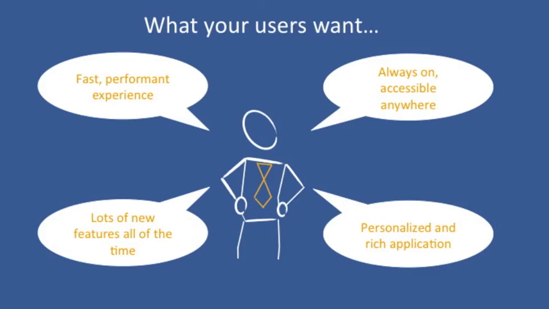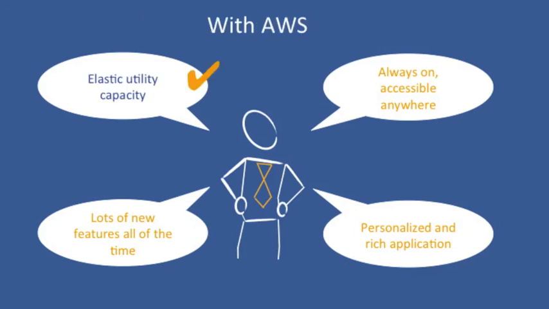So circling back to what your users want, they want a fast performant experience. Get that through elastic utility and capacity on demand from AWS. They want an always-on, accessible anywhere experience, highly available global coverage, regions, availability zones, architectural best practice, auto-scaling to do balancing across AZs.